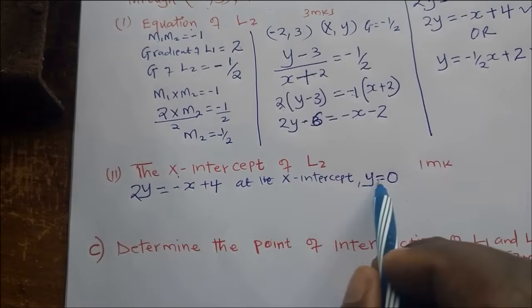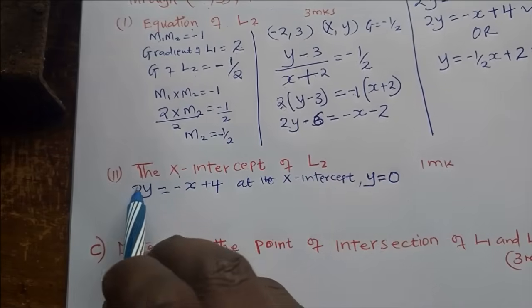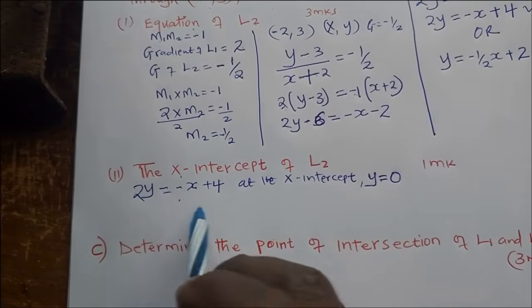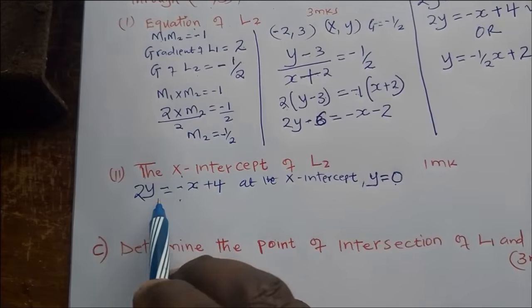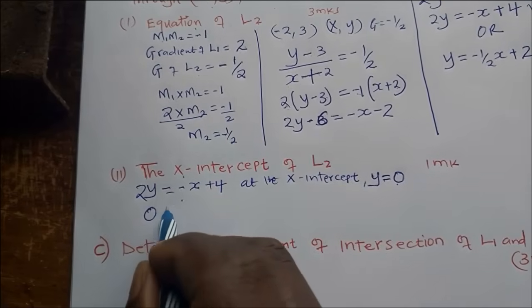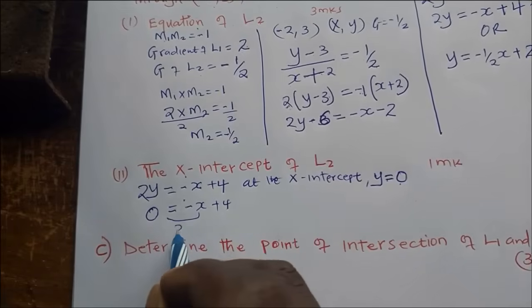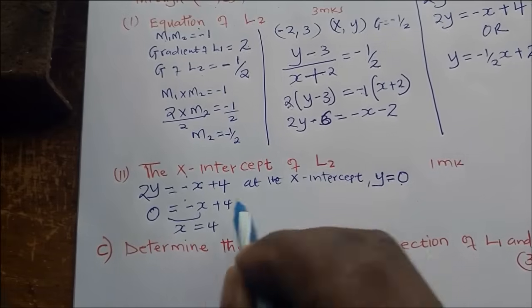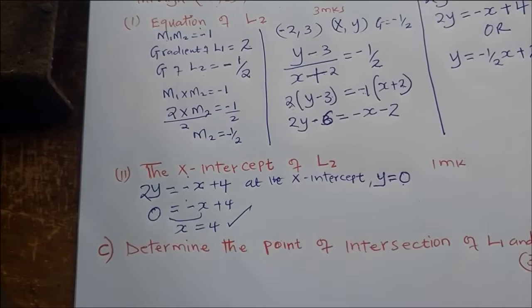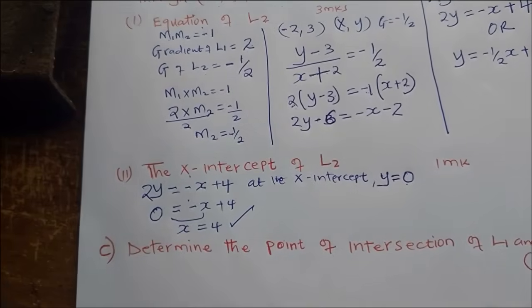So now you bring this knowledge and substitute whenever you see y in the equation, you substitute with 0. So here is going to be 0 is equal to minus x plus 4. Bring this here, so it means x is equal to 4. So the x-intercept is equal to 4.